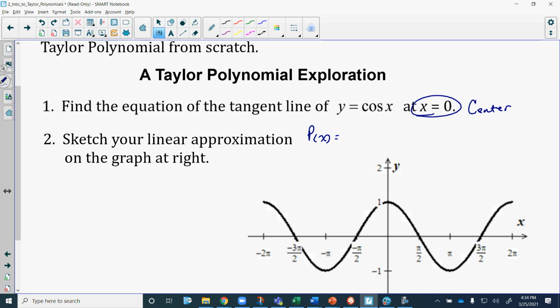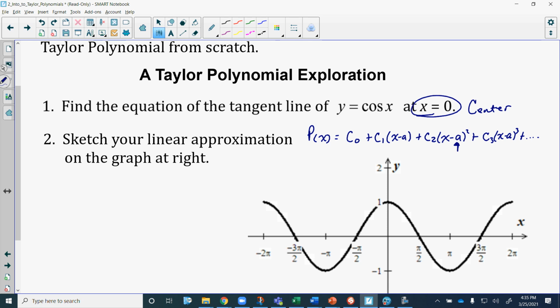You might see something like c sub 0 plus c sub 1 times (x minus a) to the first power plus c sub 2 times (x minus a) squared plus c sub 3 times (x minus a) cubed, plus it just keeps going like that.